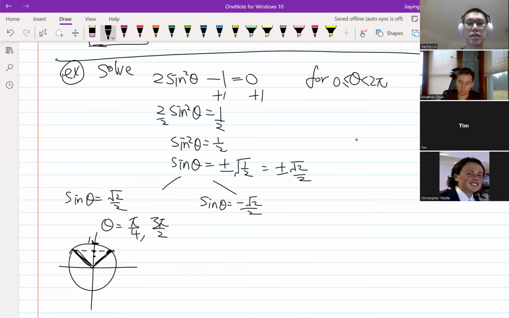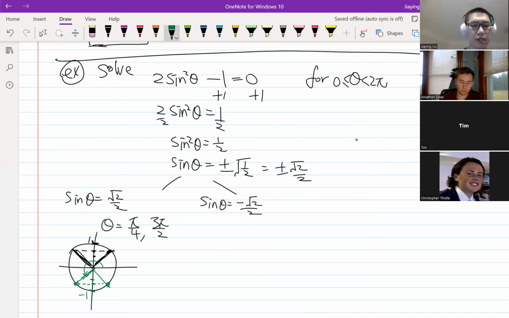Now, what about sine theta equals negative √2/2? So the y is going to be negative. So this is -1, -1/2, and negative √2/2 is about here. And if we draw the angles, you can use positive angle or negative angle, it's up to you, but I'm going to keep them as positive.